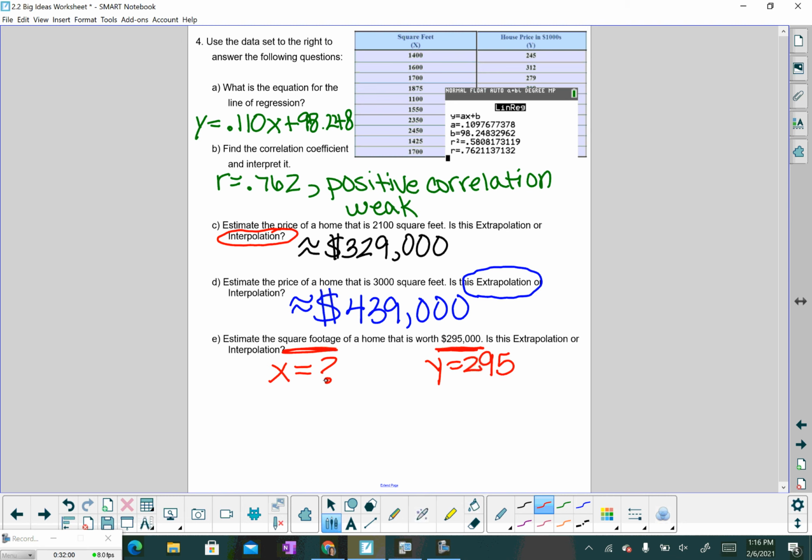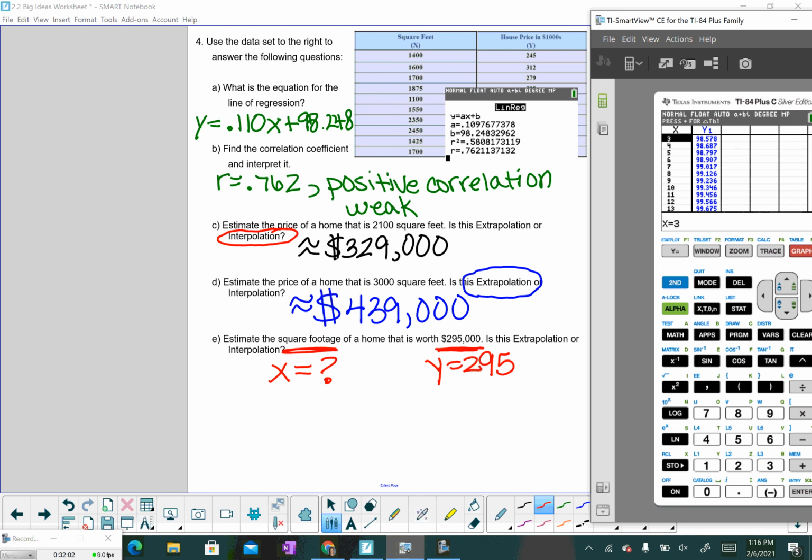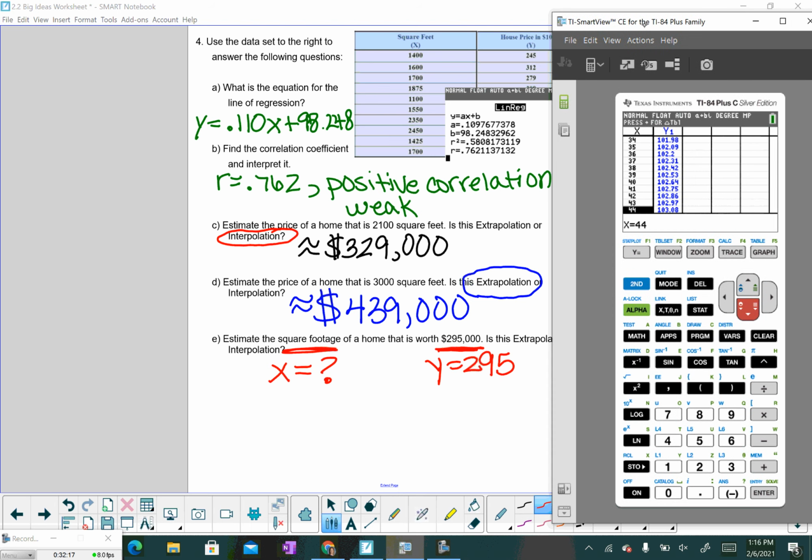Okay, so with our calculator, if we want to do it with the table of values, we could just start scrolling right now. Now this means we have a square footage of 17 square feet, 18 square feet, and so forth. You can see this is maybe going to take a while to get to 295. So if we want to jump a little bit in our table, we can hit second, window, and we've done this in one of our big idea sessions before.